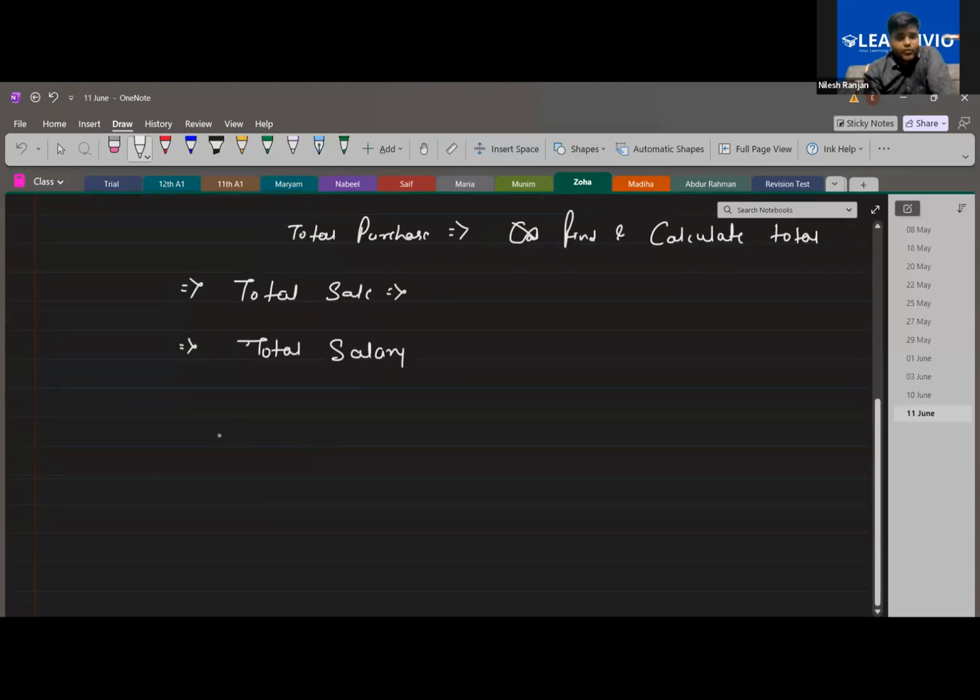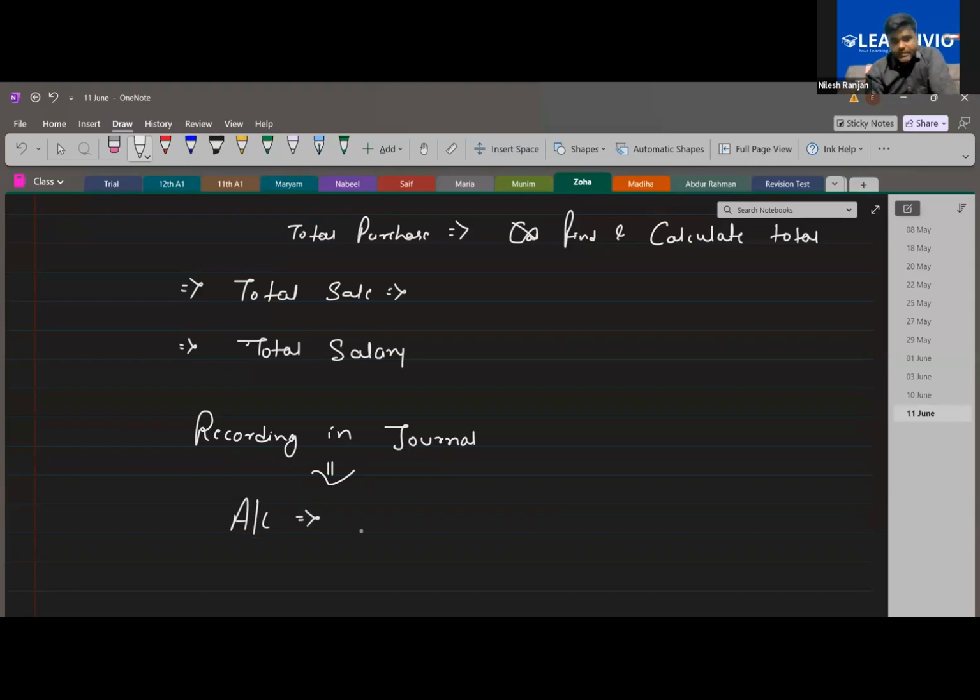So after recording in the journal, we have created different accounts, and these accounts record all similar transactions related to the same ledger or same account.